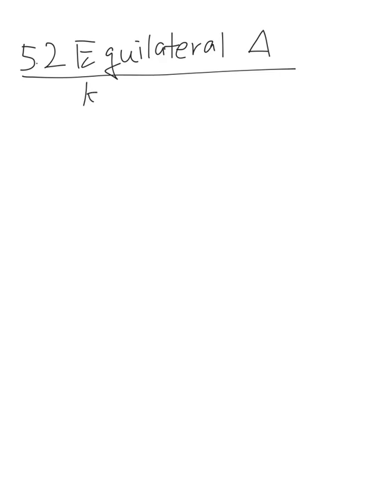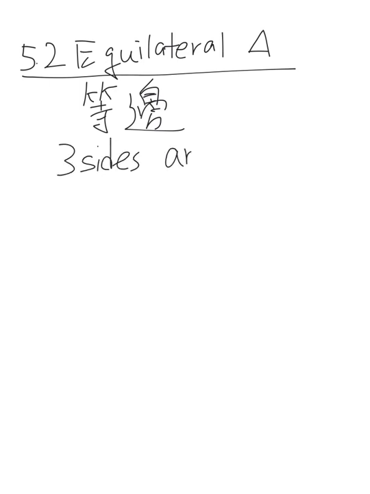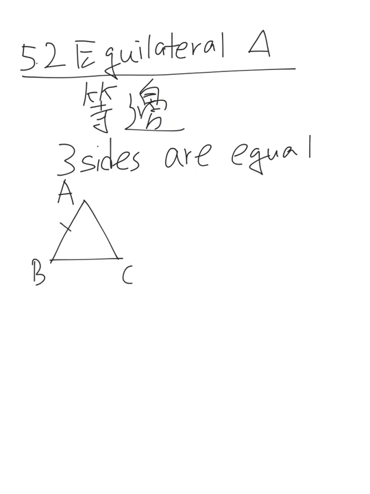Equilateral triangle, in Chinese, we call it 等邊三角形. So that means the three sides are equal. So let me draw a triangle ABC such that the three sides are equal. Okay, so the properties of equilateral triangle are as the following. First, these three sides will be the same, and also these three angles are the same.